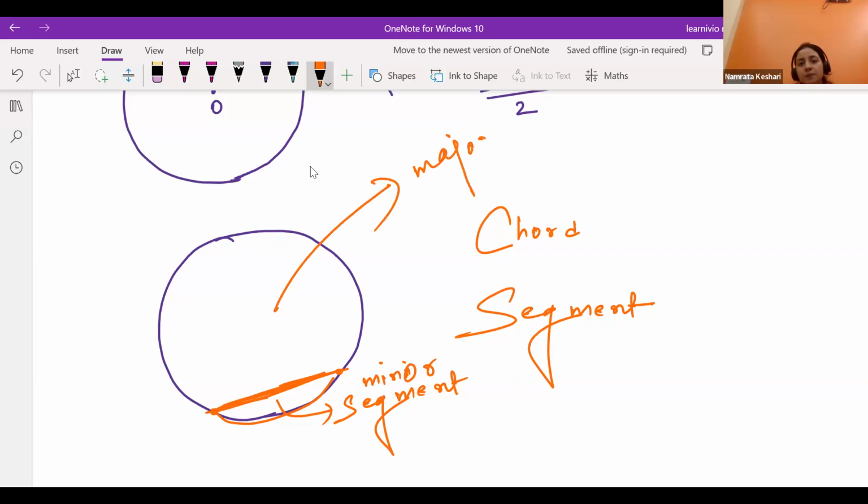Do you know this? So the area included by the chord and the arc is the segment. This one is the smaller arc, giving us the minor segment, and the bigger arc is giving us the major segment.